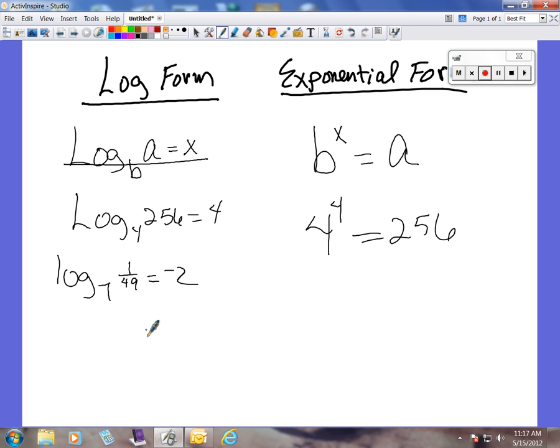You're just rewriting it using what I just showed you up here. Wouldn't this be the base? 7 to the -2 equals 1 over 49. That's all you do. Now, isn't that true? Because what's this negative exponent have to do with this? Flip it, which would be 1 over 49.